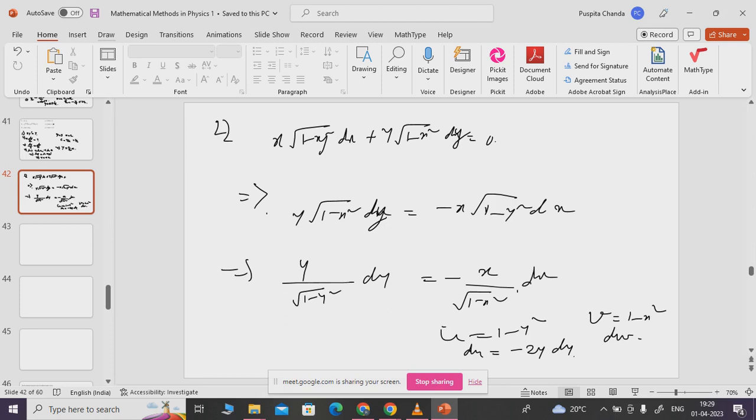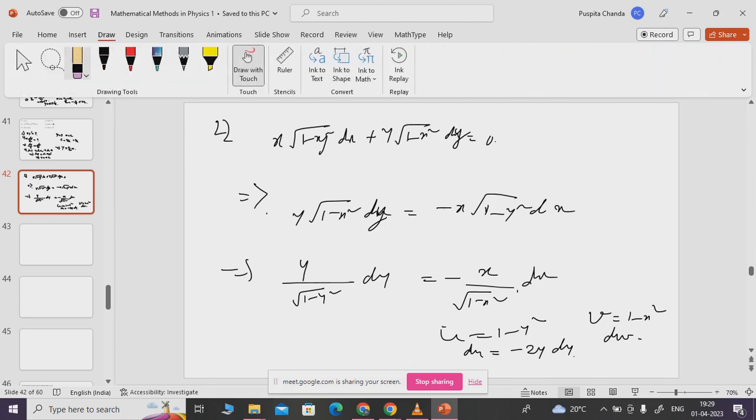Take u is equal to 1 minus y square. So du is equal to minus 2y dy, and v is equal to 1 minus x square. So dv is equal to minus 2x dx.